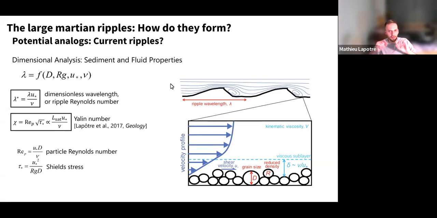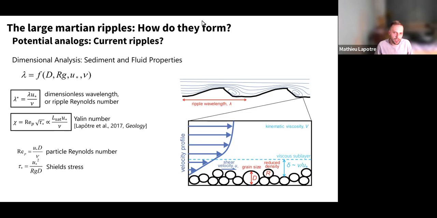And based on the number of parameters and their dimensions, one can show that the problem can actually be recast in terms of three dimensionless quantities. And in fact, Mehmet Yalin in 1985 showed experimentally that that problem can be further reduced to only two dimensionless quantities.